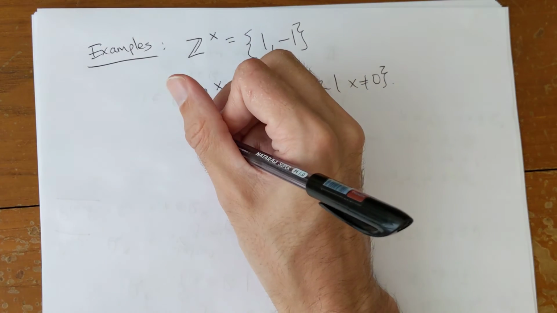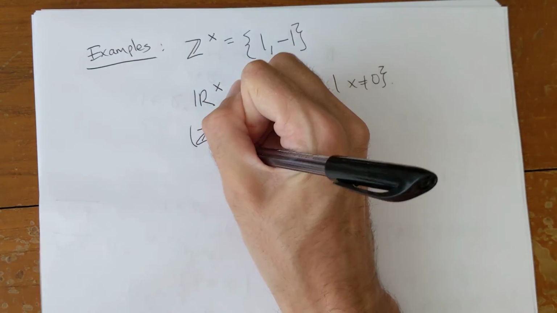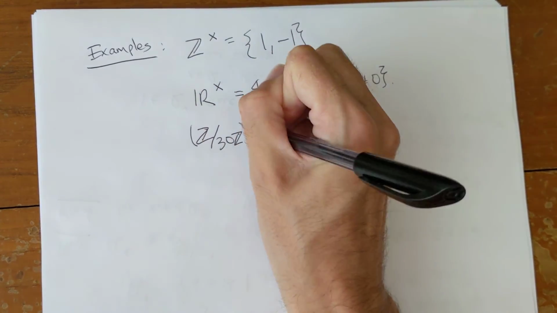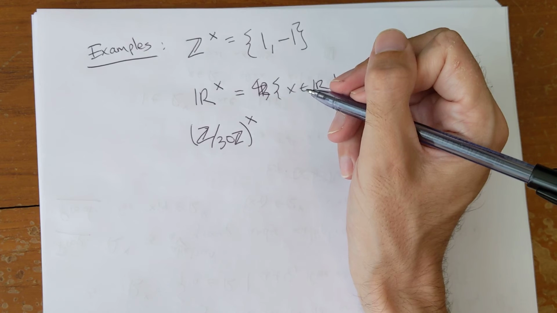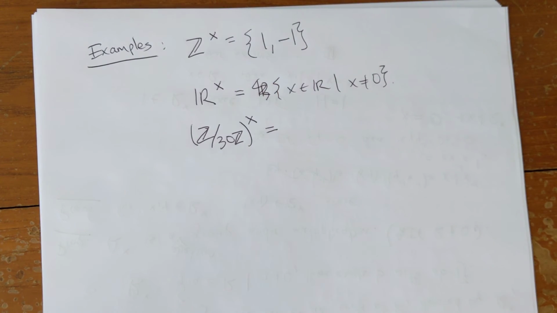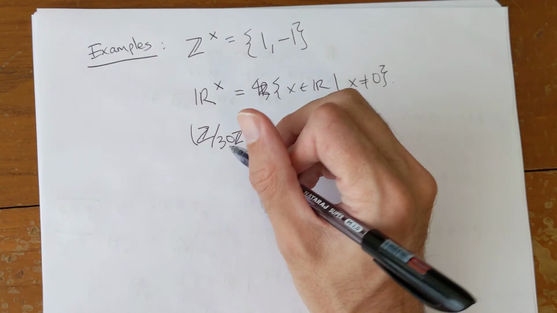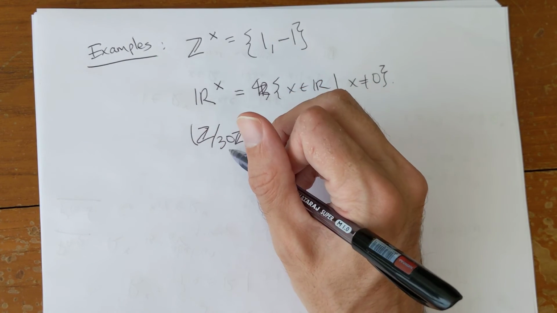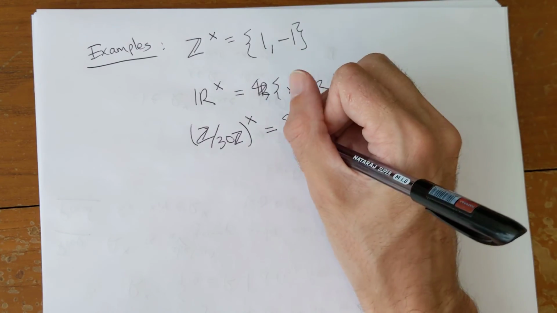We could also look at the invertible elements of Z mod 30. We've actually already seen this. These are the congruence classes which correspond to integers which are coprime with 30.